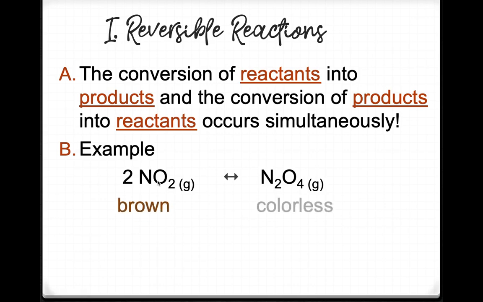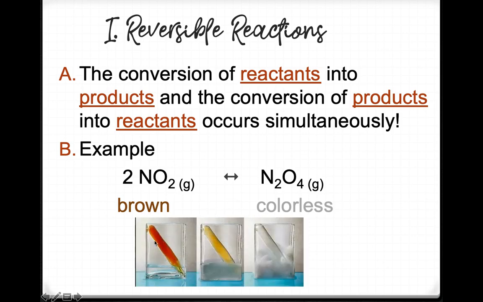And it turns out that if you were to mix these in a closed setting, you could actually see the colors change. So this is what this is representing. You can see that you've got a sealed tube in here, and it's brown when it's NO2, and then as it reacts more, like as it gets colder, it turns into the colorless, and then it goes back this direction and turns brown, and then goes back and forth.